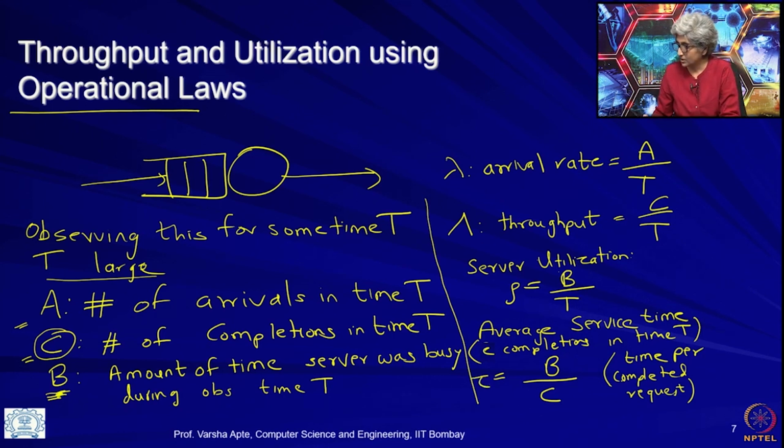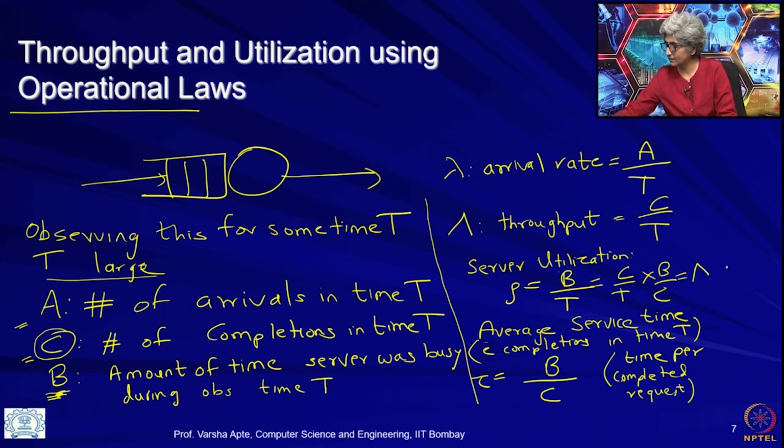Okay. So, now if you look at this a little carefully, you can realize that this can be rewritten as, you can just divide and multiply by C and you get this as C by T multiplied by B by C, right. I just multiplied and divided this by C, and now C by T is capital lambda and B by C is tau.